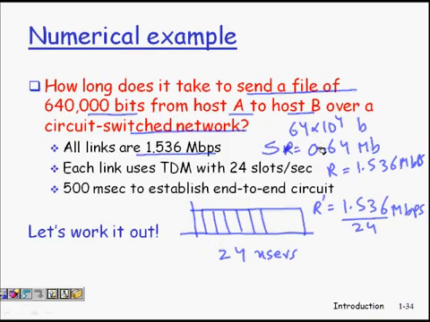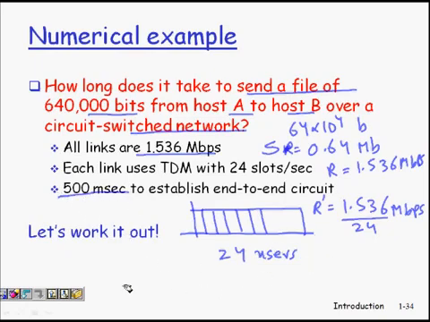Now he has data of 0.64 megabits. So data divided by the rate will be the time taken to send the bits, plus it's a circuit switched network, so you need to set up the circuit, which takes 500 milliseconds.